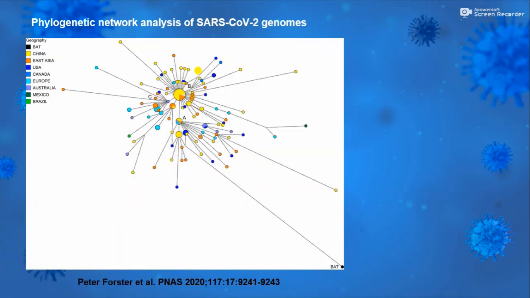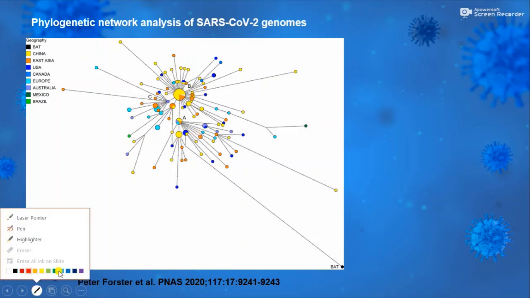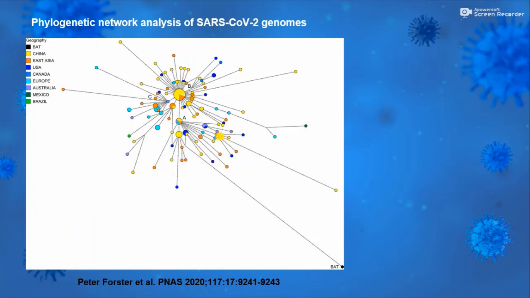Next comes the phylogenetic network analysis of the SARS-CoV-2 genome. This is one approach that is called the median joining network approach. The authors took 160 different strains, and they identified how these strains are joined with each other.